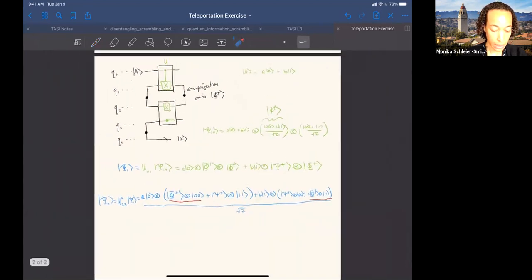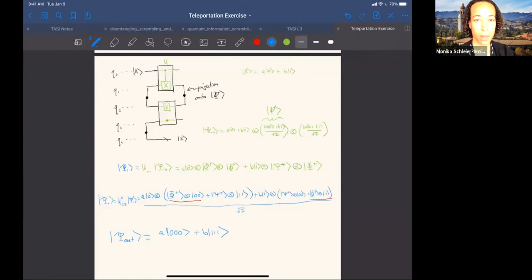So my output state after projecting onto the EPR pair in the middle would be A|000> plus B|111>. Okay.